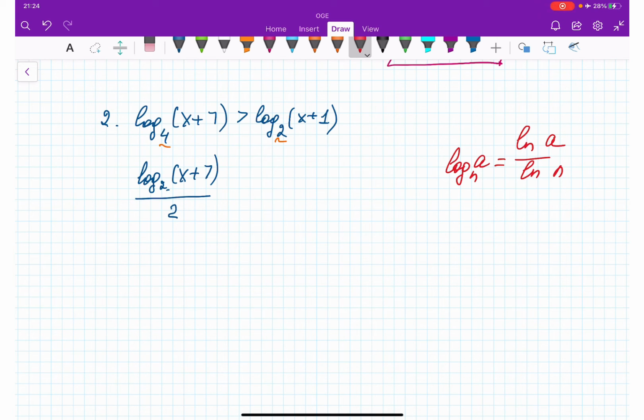Okay, logarithm of x plus 7 over 2 is going to be greater than logarithm of x plus 1 by base 2. All right, so from here, what do we have? I can multiply both sides by 2, right?